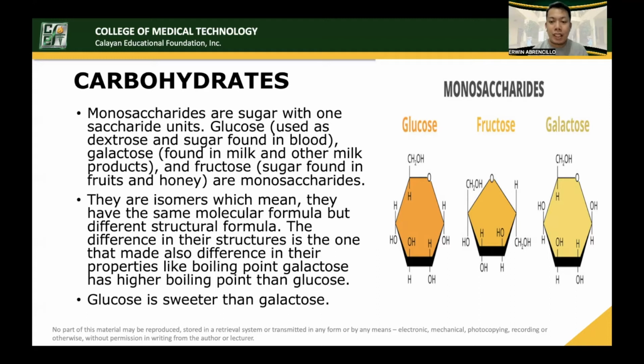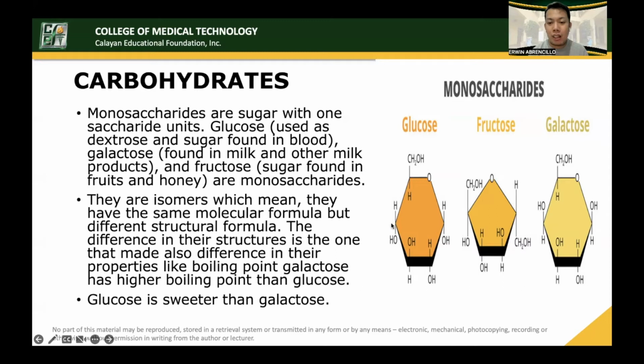You can see they differ in the orientation of the OH and H. For example, it is very obvious that fructose is different from glucose and galactose. But if you look into the structure of glucose and galactose, they are almost the same, only almost, but they are still different.